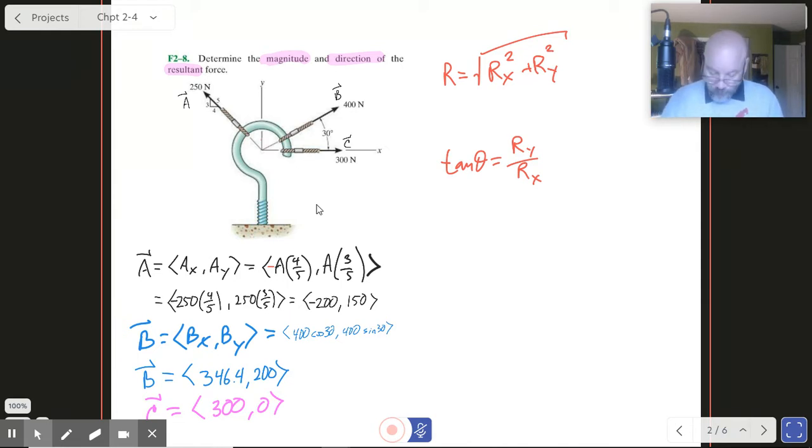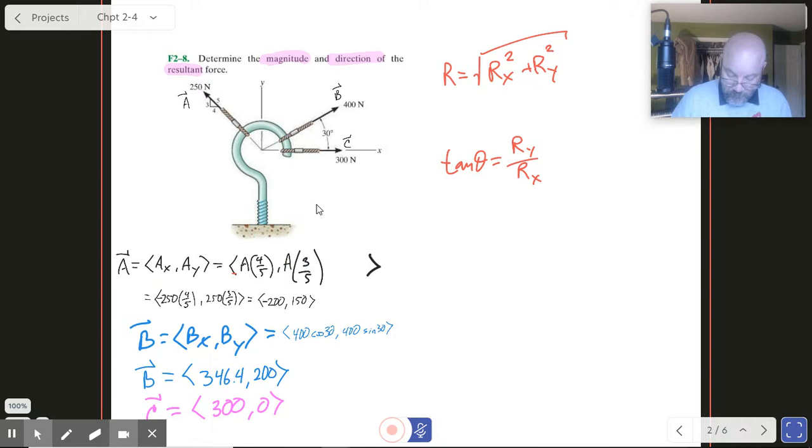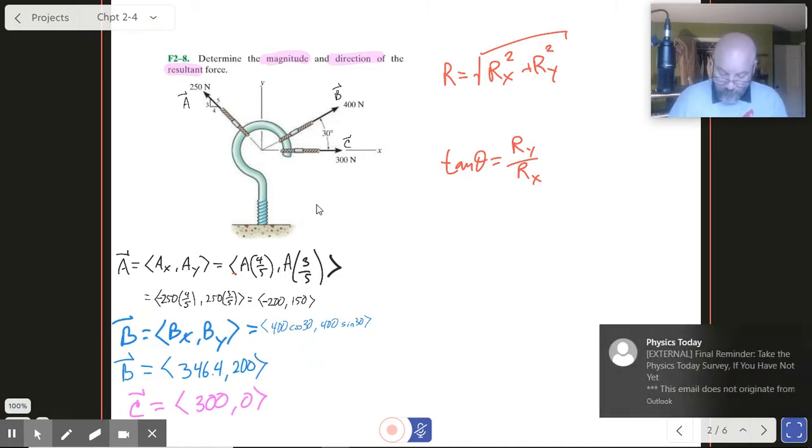Okay, so I need to make just a little bit of room here, so I'm going to move some stuff around. Okay, and I'll put a little line here. That'll help too.